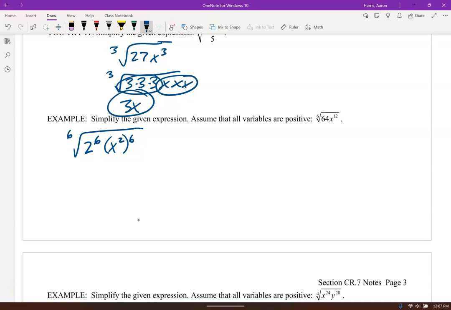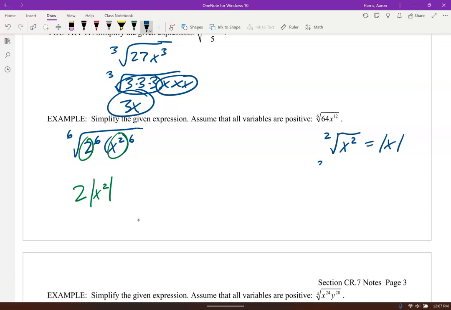I'm looking for 6 of a kind. So 2 comes out, and then the x squared comes out. And technically, it's actually the absolute value of x. So the property says if the power is even, like the second root of x squared is actually the absolute value of x.